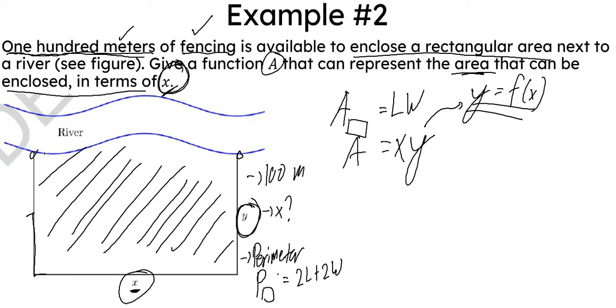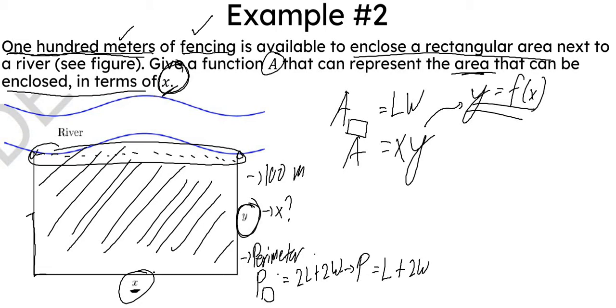However, if you would notice, one length is actually missing. This is actually not there. So instead of two lengths, we will just have the perimeter of our area be just one length plus twice the width, because this is the only length that we have, but we still have two widths here, which is our y.